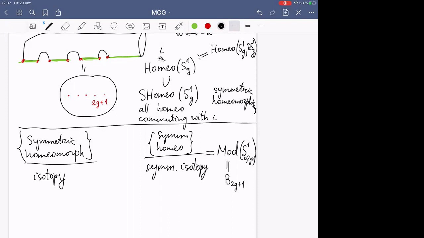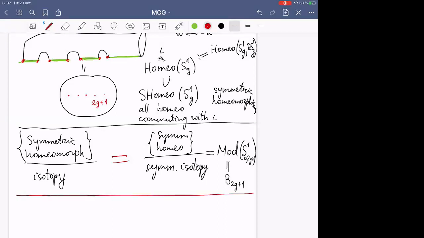Let us start with this claim, but the most non-trivial claim, our goal, is that in fact these two things are the same.